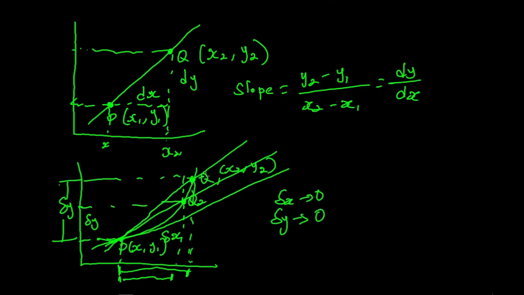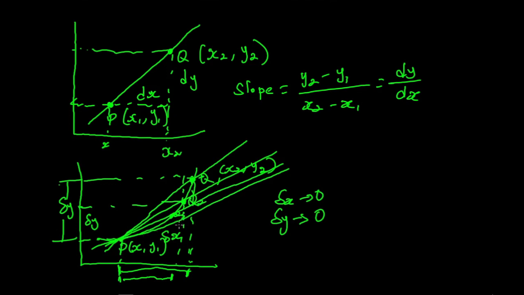And we now see that as Q is moving closer to P, the slope of the lines is approaching the slope of this tangent at point P, which is a straight line. For example, if we have another point Q3 here, we see that the line is going to be in this form. So that means as Q is approaching P, delta x is approaching 0, delta y is also approaching 0, and the slope of the graph is approaching the slope of the tangent at point P.